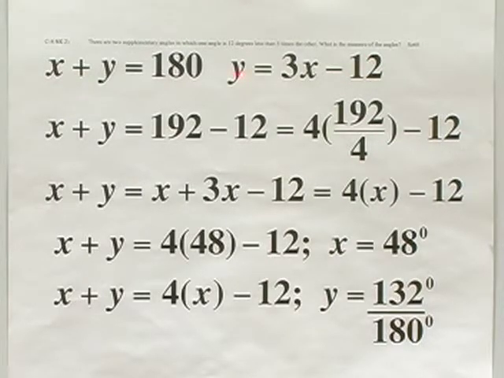Then there's a y on this left-hand side, and there's an x on this left-hand side. So I want to match that. What I'm going to do is add x to both sides. Here it is, x plus y. I'm going to add that x, x plus y equals x plus 3x minus 12.